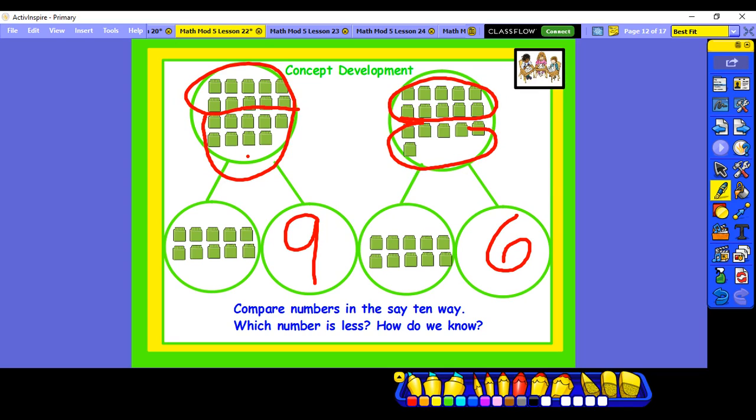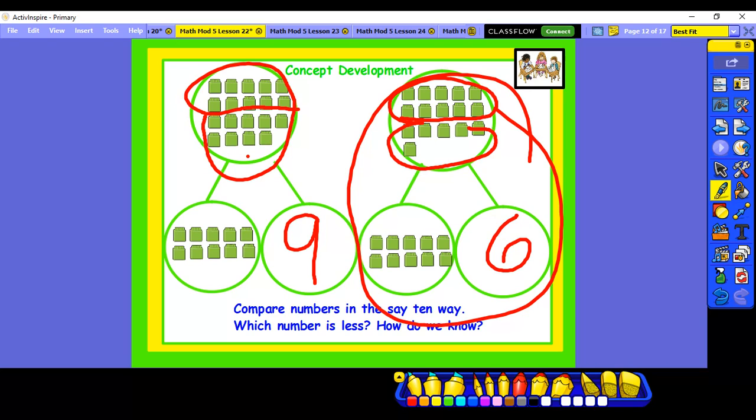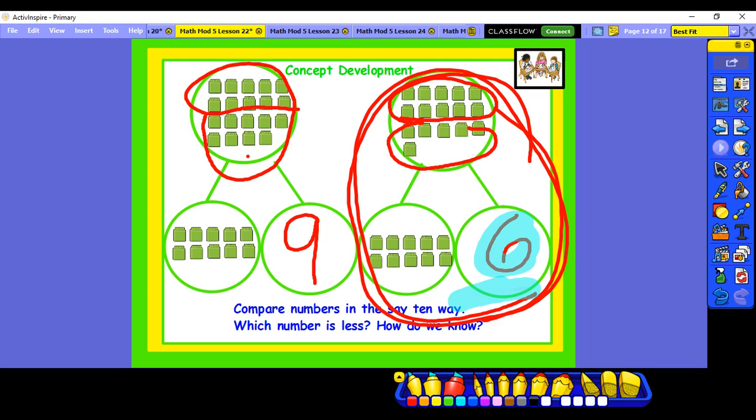Can you put your finger on the number bond that is less? Did you put your finger on this number bond? Can you explain to your parents how you knew this was less? Excellent job. We know that this number bond is less because it has a 6 in the ones place. 6 is less than 9.